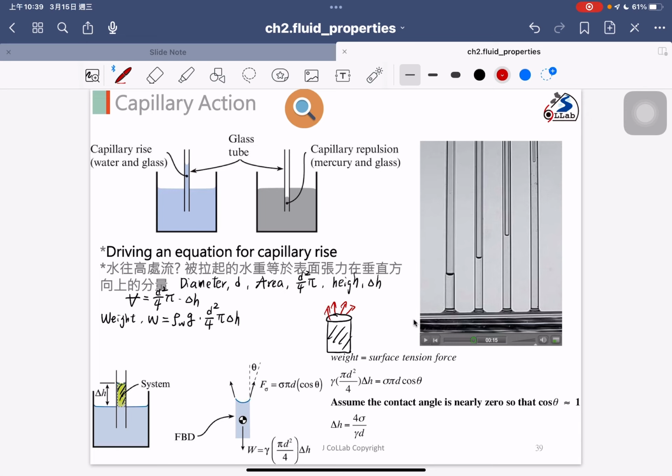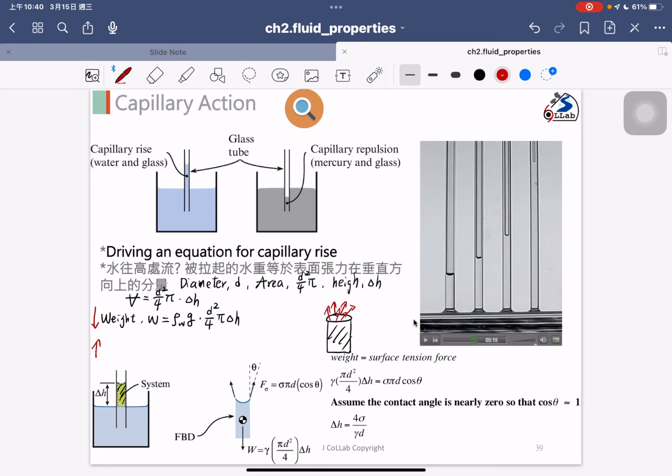As I provided in the definition on the previous slide, the surface tension is given by the ratio between the force along the interface divided by the length of the interface. So right now the interface is the surrounding circle's length. We know that the weight contributes to the downward force. So how about the upward force? The upward force is caused by the surface tension.